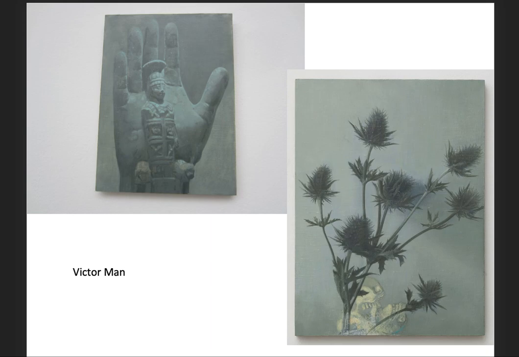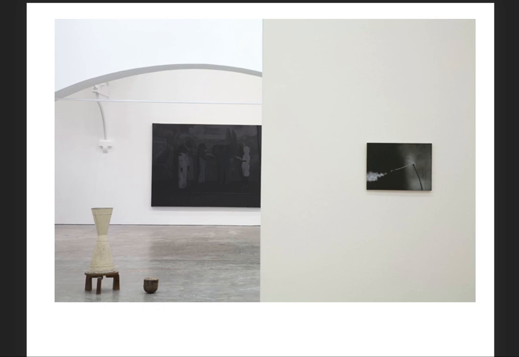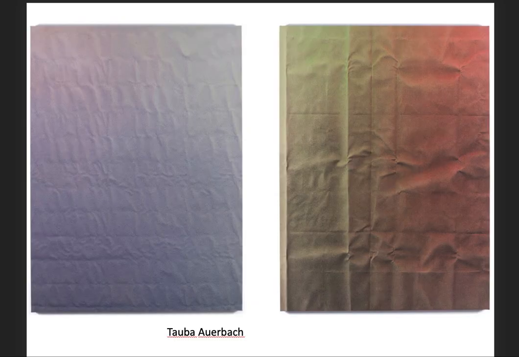And when we're thinking about things like mood, we're thinking about limiting our color, softening an edge, thinking about ambiance, thinking about the tactile quality of, say, fur against a painting of someone donned in latex. That's a sensual experience. So how something is presented is equally important. Another Victor Mann, they're very dark, difficult to decipher here and there, but they're very, very beautiful.